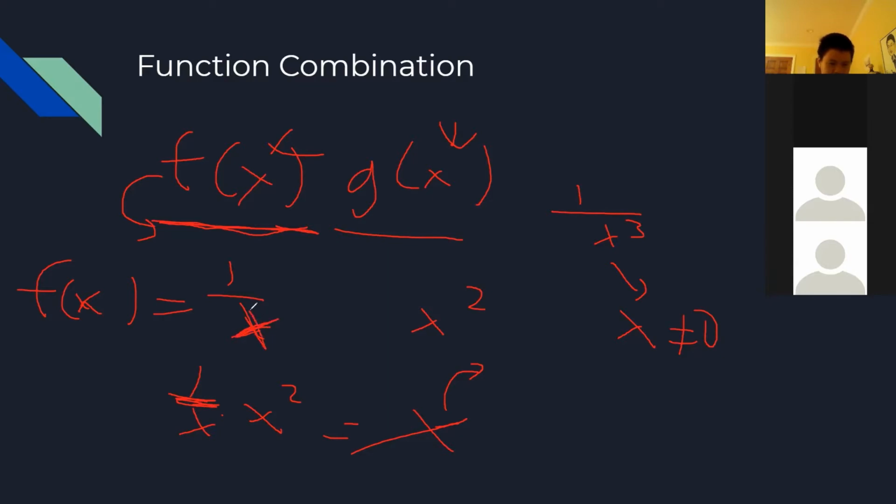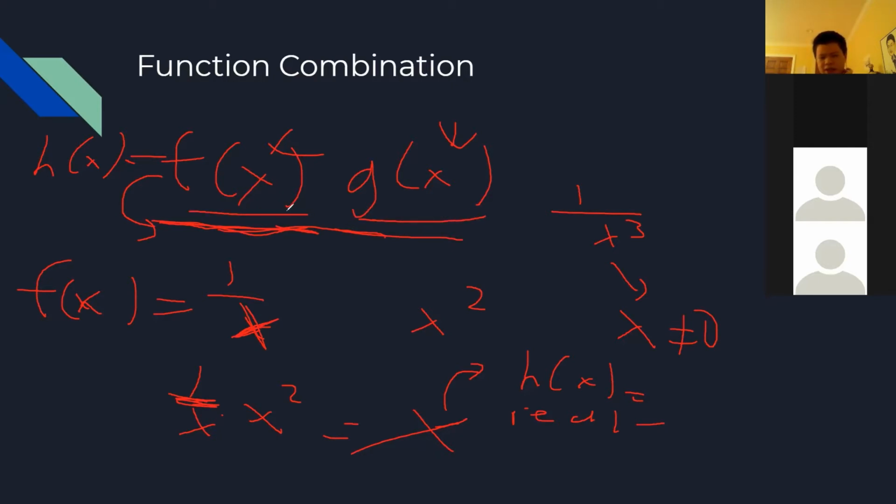So when you combine functions, if we say this is h(x), then the domain of h(x) would be real numbers minus anything that's excluded from these two functions.